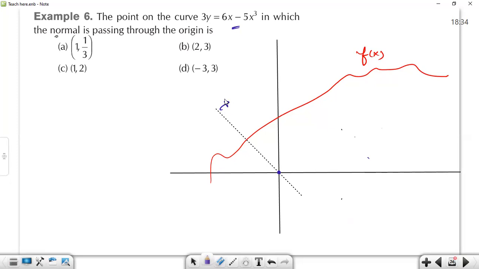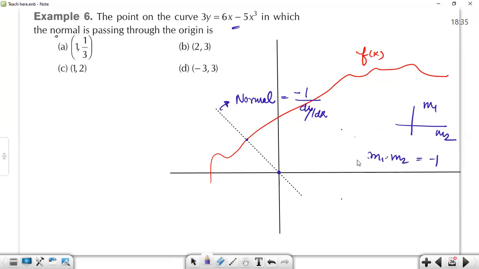Okay, so it's simple. As we know that it is a normal and it's passing through some point, let's first find out its tangent slope, then we'll be able to find out the slope of this normal. Because we know, if there are any two straight lines of slope m1 and m2, then the product of their slopes is going to be -1.